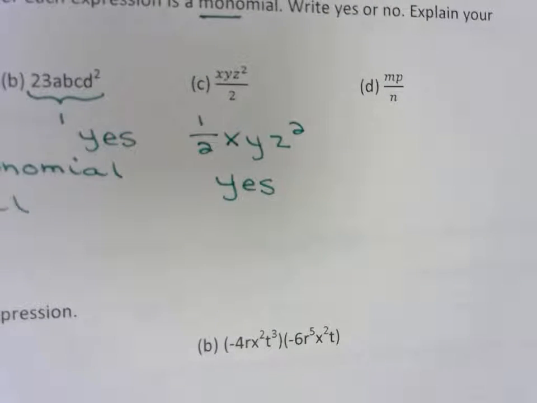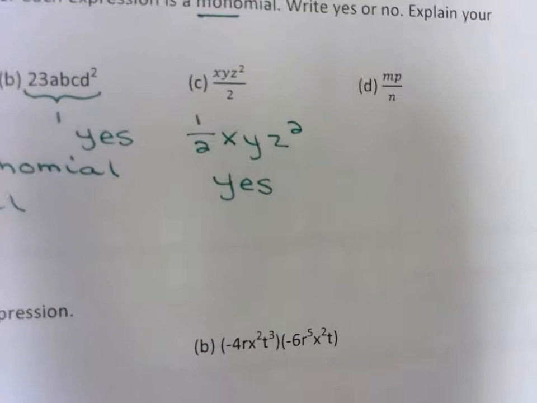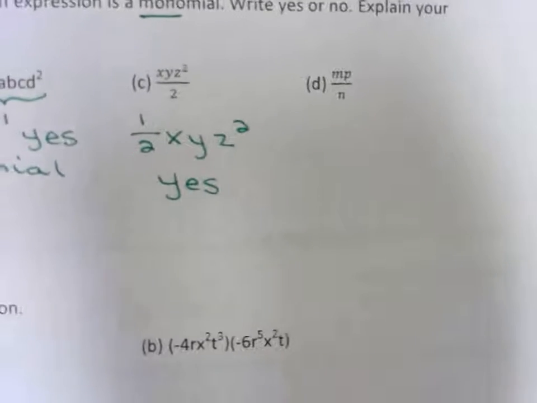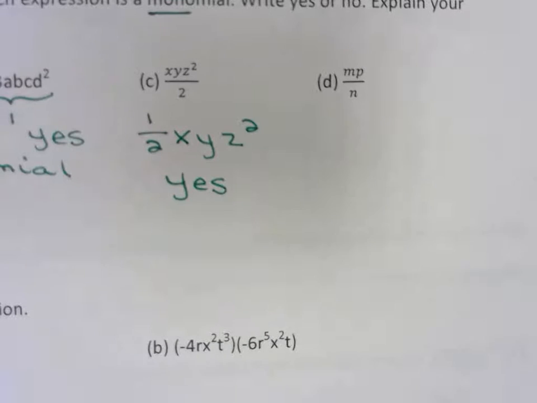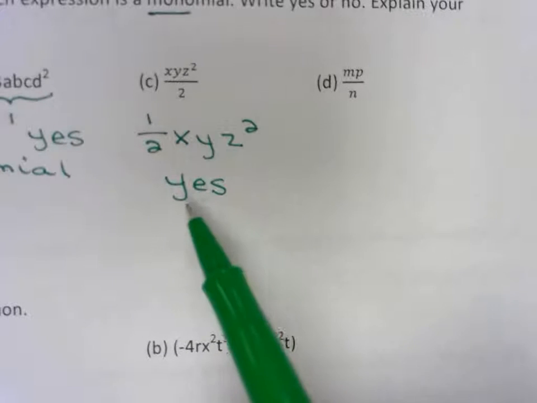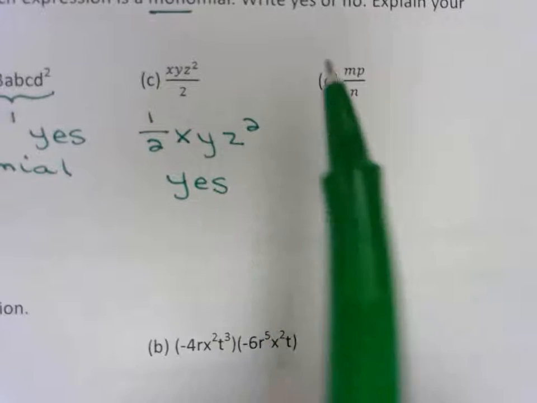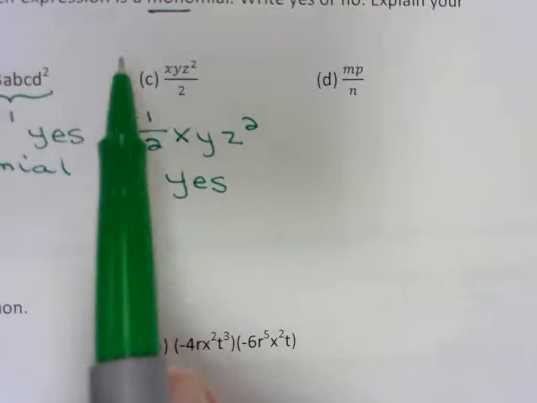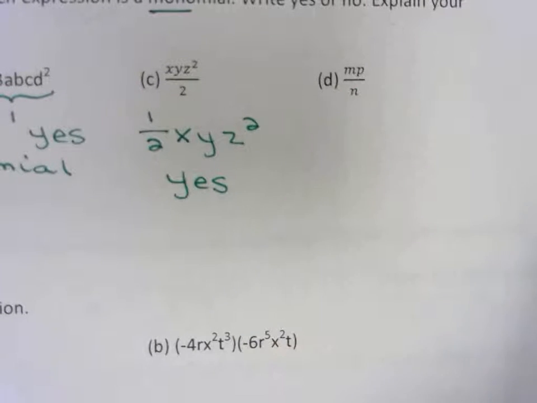Sometimes if you're dividing by a constant, if you write it as multiplying by a half, you can see it as basically just multiplication. Now be careful. When I look at D, I still see multiplication, so I'm thinking, okay, if C is yes, but what's the difference between the division in C and the division in D?